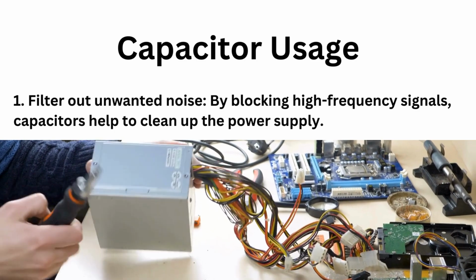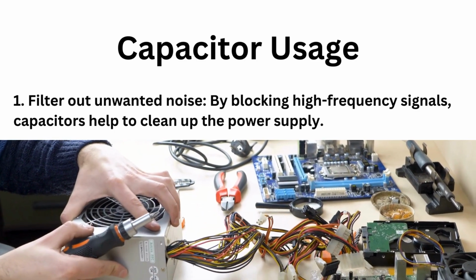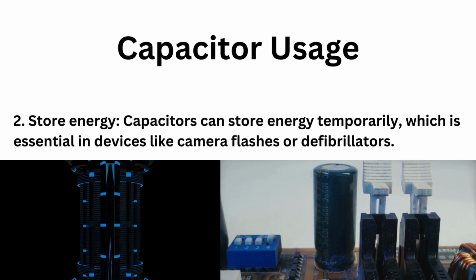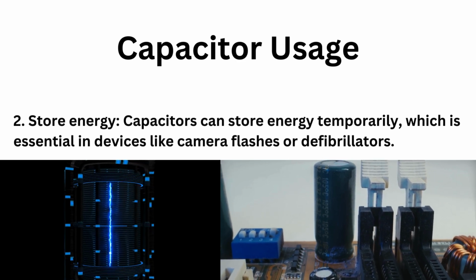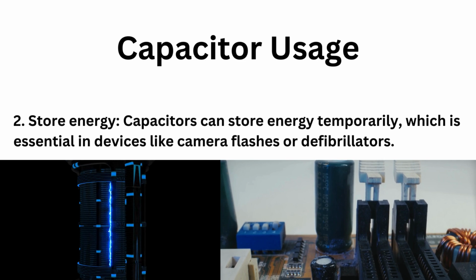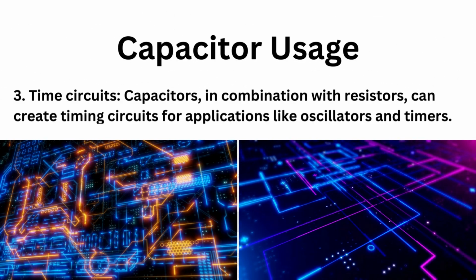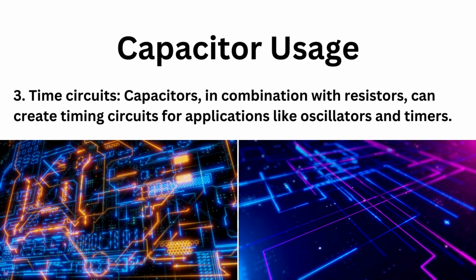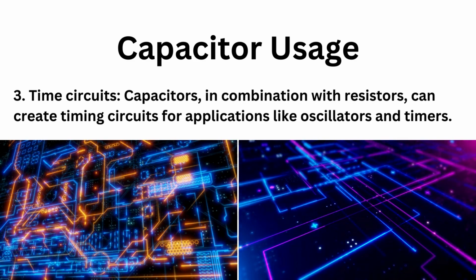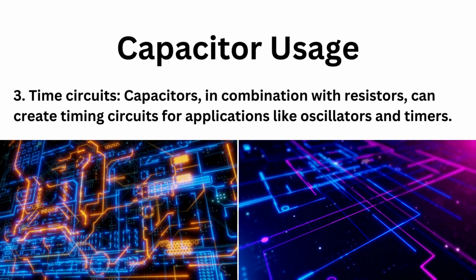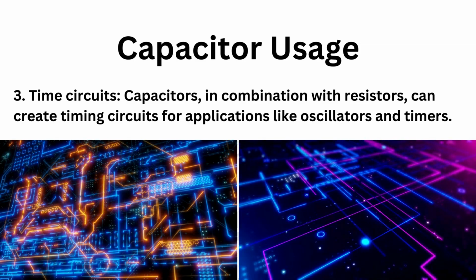By blocking high-frequency signals, capacitors help to clean up the power supply. 2. Store energy. Capacitors can store energy temporarily, which is essential in devices like camera flashes or defibrillators. 3. Time circuits. Capacitors, in combination with resistors, can create timing circuits for applications like oscillators and timers.